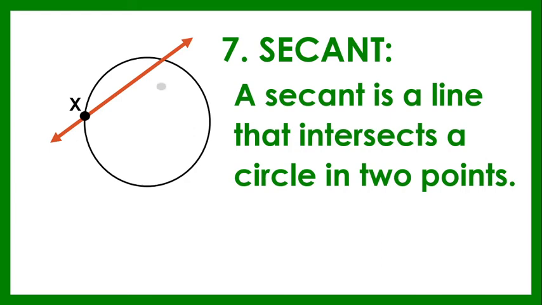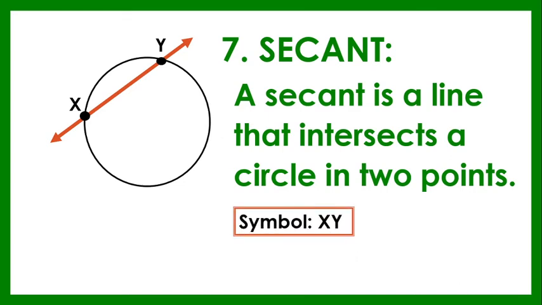Let's say point X, another point, point Y. Therefore, line XY is a secant. The 2 points of intersection between the circle and a secant are points X and Y.